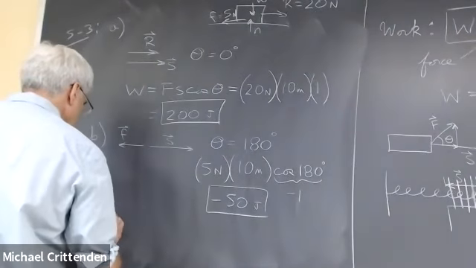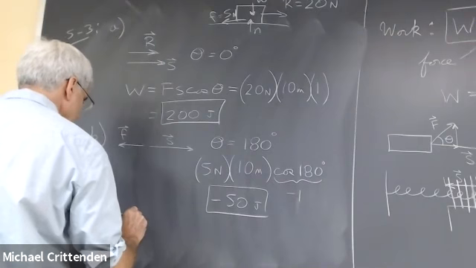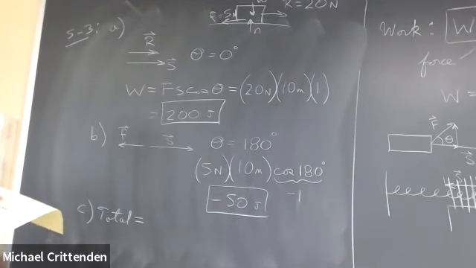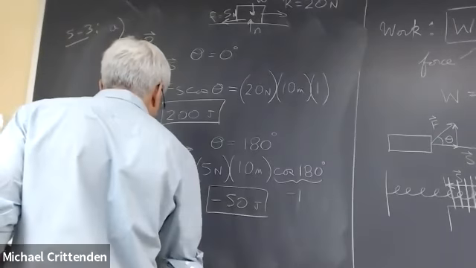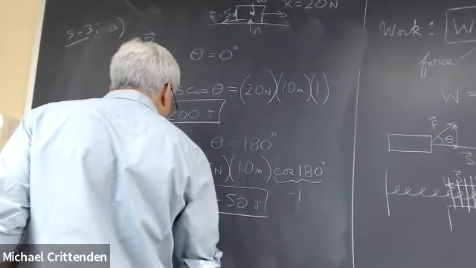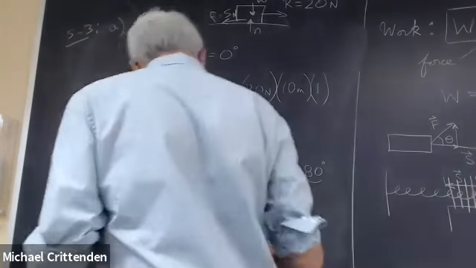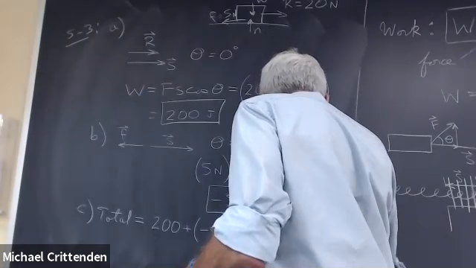Total, just add up the work done by the individual forces. You've got a positive 200 and a negative 50, 150 joules.